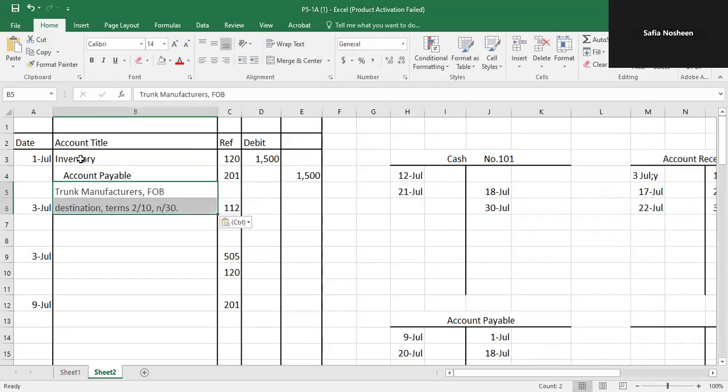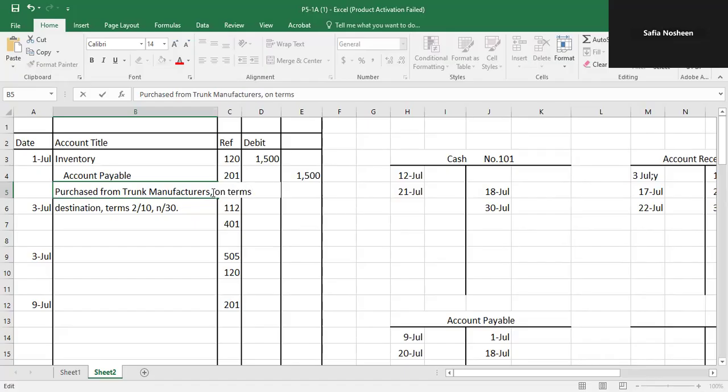In the explanation, we will write: purchased from Trunk Manufacturers, FOB destination, and the terms 2/10, net 30.